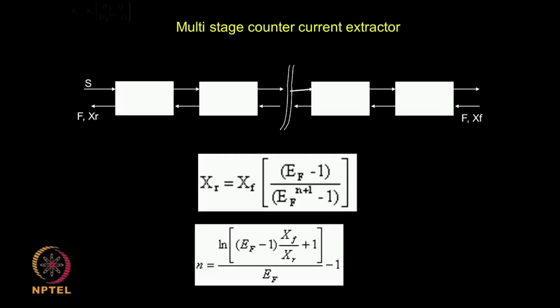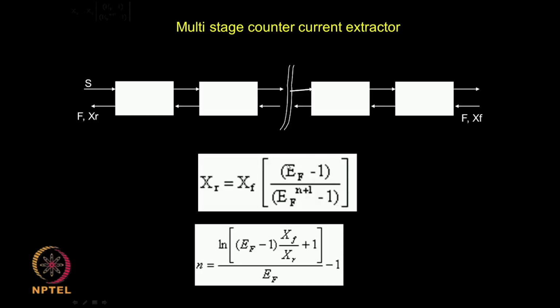When you do that you get a relation, it looks very complicated. XR, that is the final concentration of the solute in the raffinate, divided by XF, the concentration of the solute in the feed, is equal to E minus 1 divided by E to the n plus 1 minus 1.